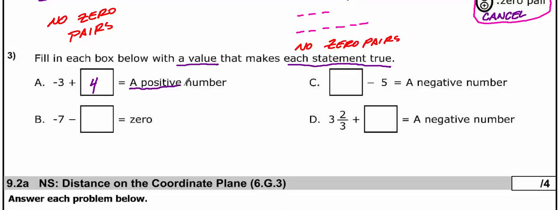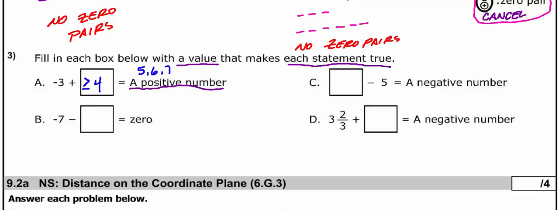Here we need a positive number. For this first statement, you could also have 5, or 6, or 7. Any of those are going to make it true. In fact, any integer greater than or equal to positive 4 will make this first statement true.